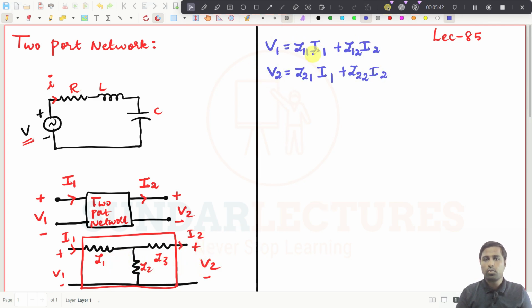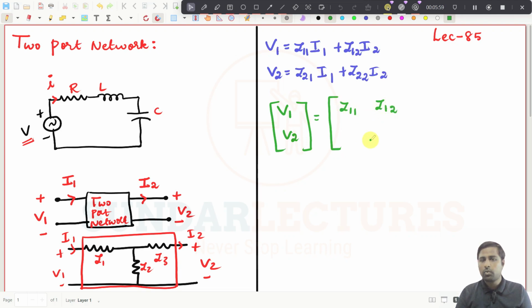Maybe you can write this in matrix format too. So what will it be? This is V1 and this is V2 in a matrix, which is equal to the matrix Z11, Z12, Z21, Z22, and this whole expression is multiplied by I1 and I2.